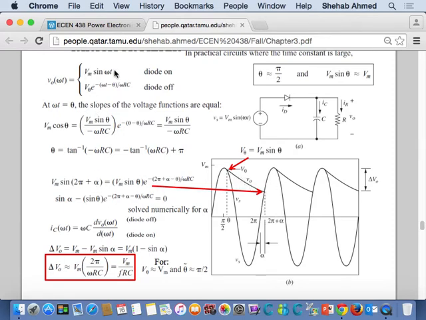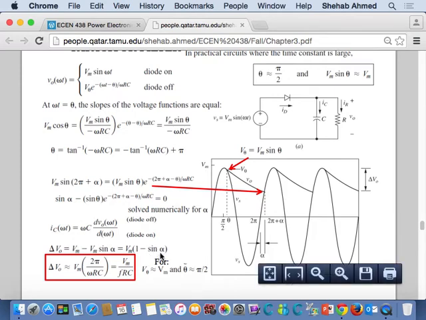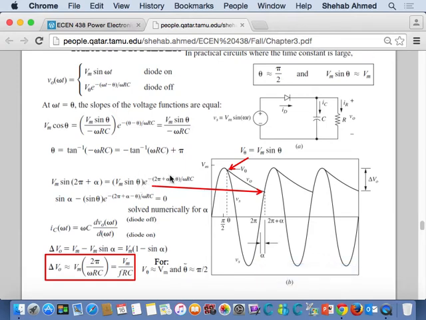So I took my sine wave, replaced omega t by 2 pi plus alpha. I took my exponential, replaced omega t with 2 pi plus alpha. I equated them together. If you equate those together, you will find an equation that's a function of alpha, which is great. I would have solved for alpha and been finished, right? The problem is I ended up having an equation that also includes theta. So I need to find theta.